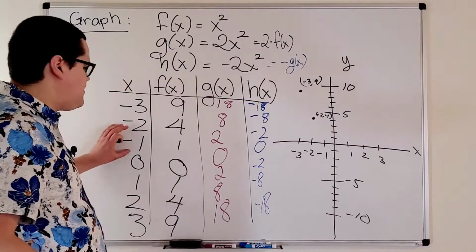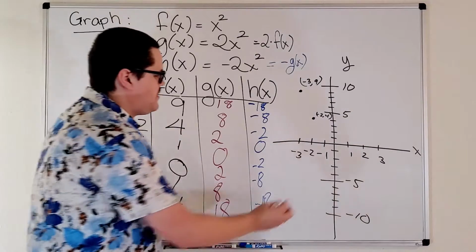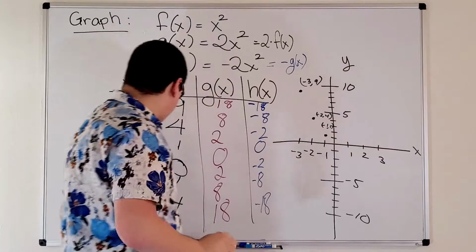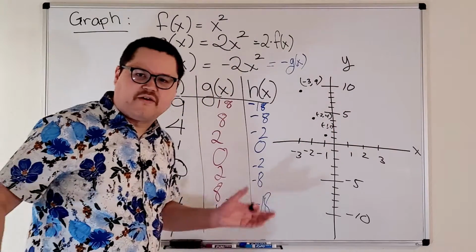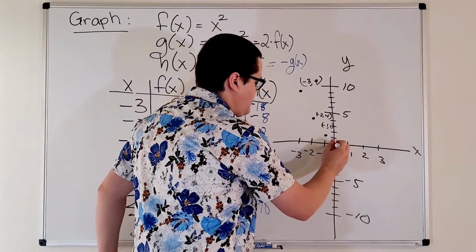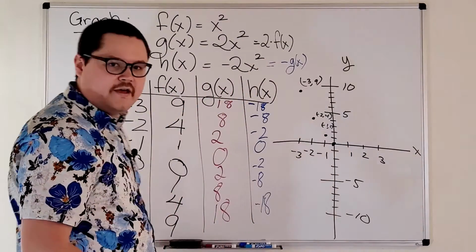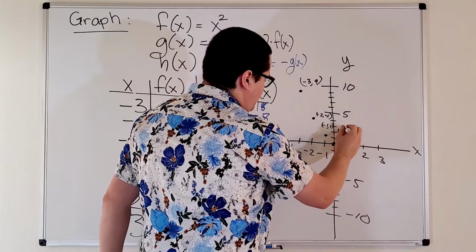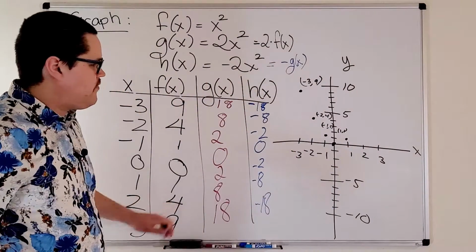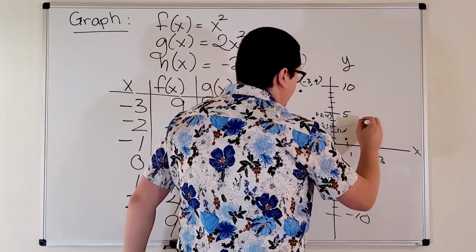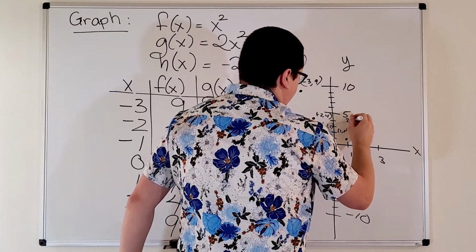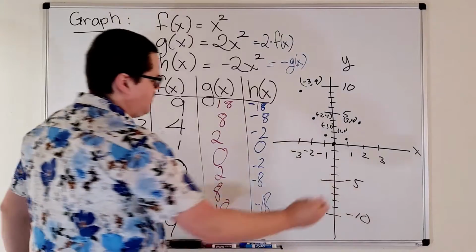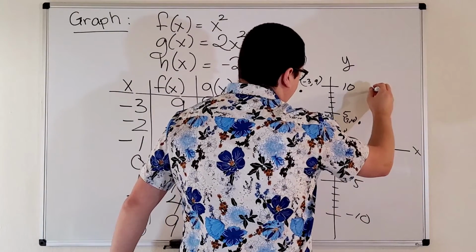Third one, negative 1, positive 1. Left 1, up 1. 0, 0, that's our favorite, that's the origin. 1, 1, that's right 1, and then up 1. 2, 4, right 2, up 4. And 3, 9. Right 3, up 9.